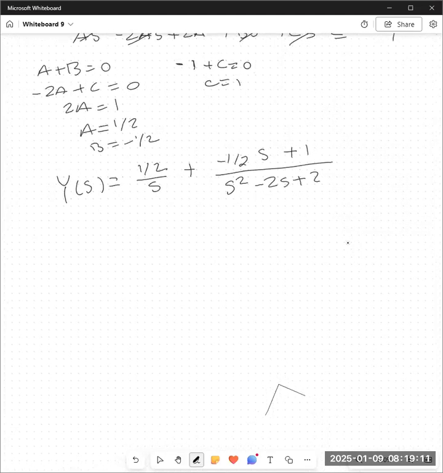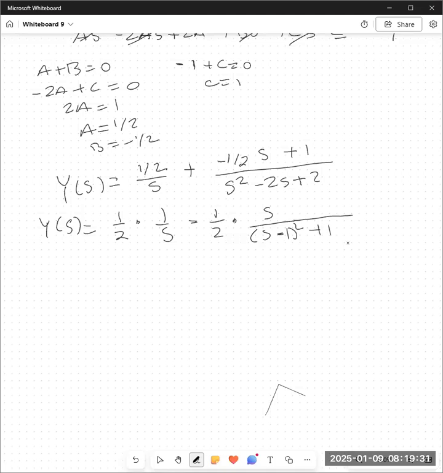So let's split that. Y(s) is equal to 1/2 times 1 over s, minus 1/2 times s over (s - 1)² + 1, then plus 1 over (s - 1)² + 1.